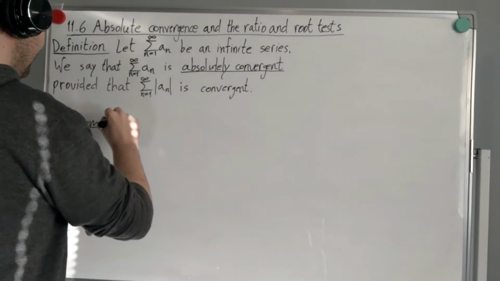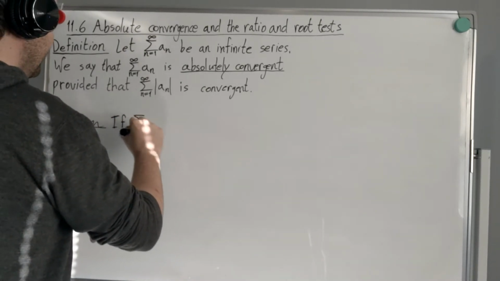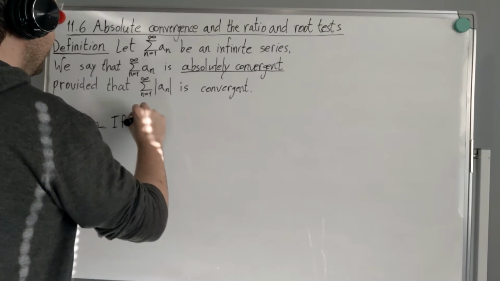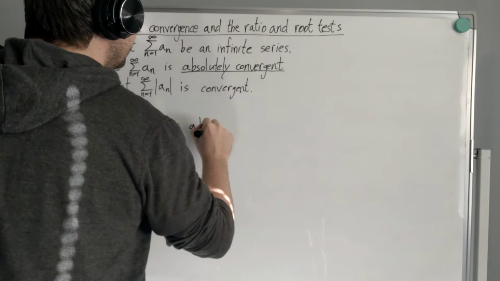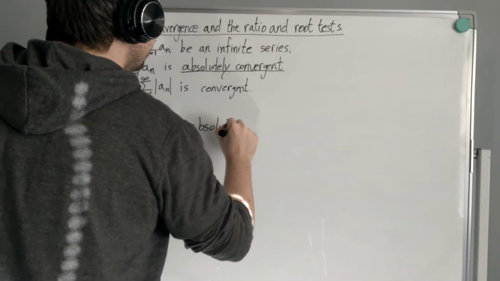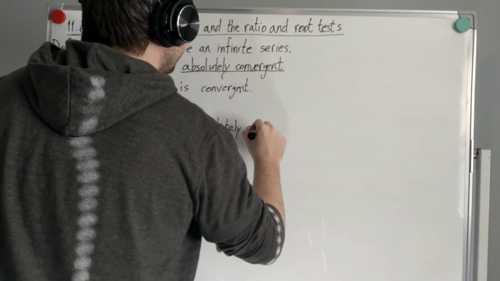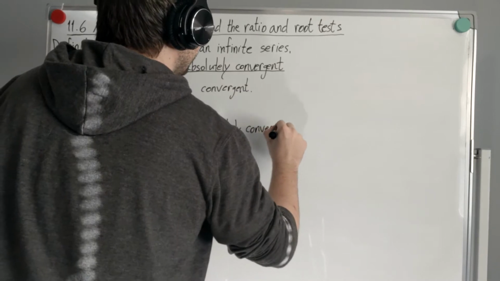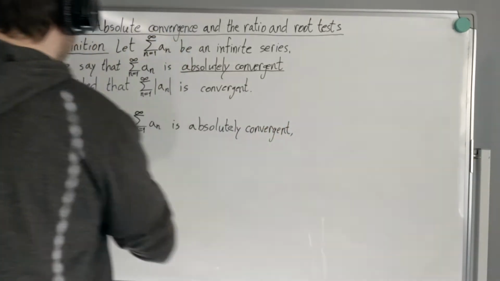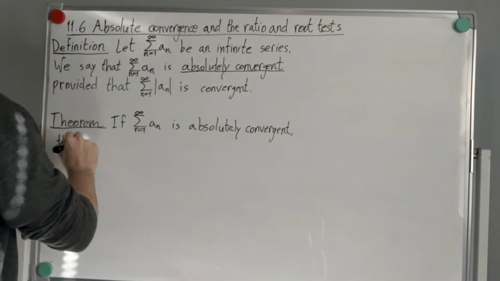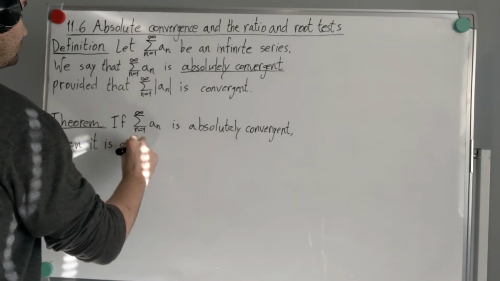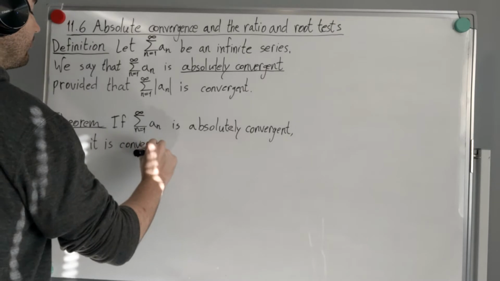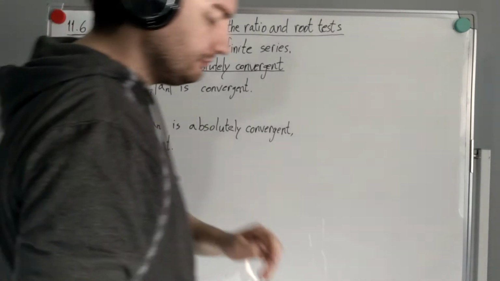Okay, so if the sum from n equals 1 to infinity of a_n is absolutely convergent, then it is convergent. Okay?